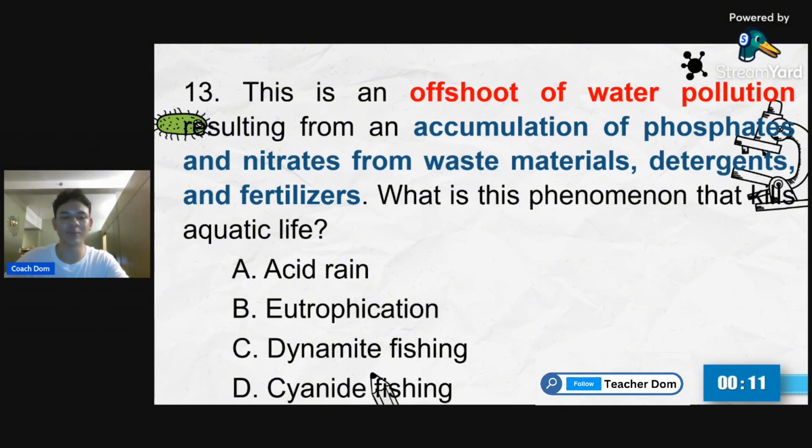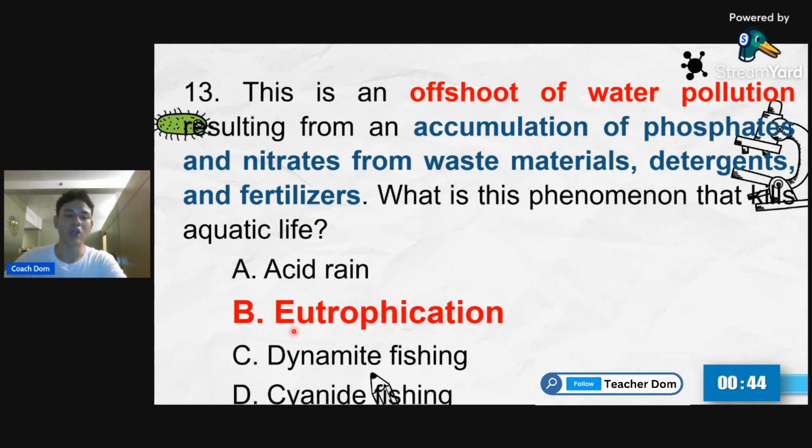Yung clue natin dito po is offshoot of water pollution, accumulation of phosphates and nitrates from waste materials, detergent, and fertilizer. Correct answer here is letter B, eutrophication. Ito po yung pag-increase ng mga minerals sa environment or sa ocean po natin.